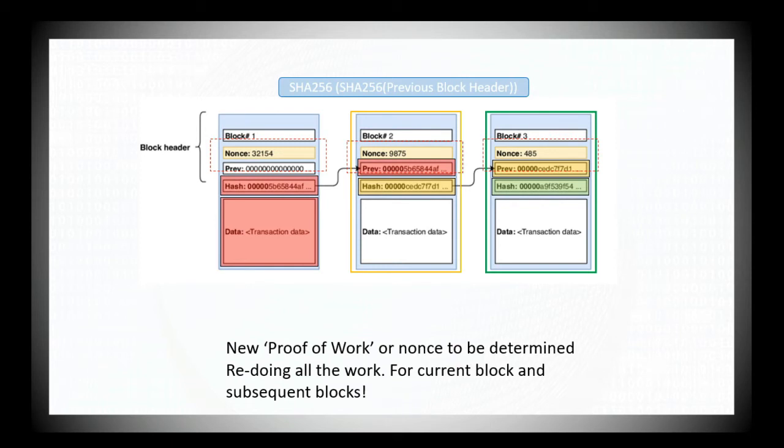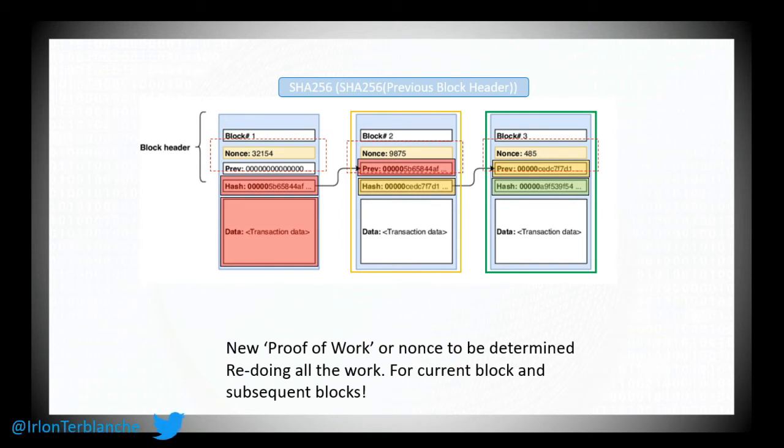Okay, not only do they have to find the nonce for their dishonest block first, they need to be first in determining the nonce for the second, third, fourth, fifth blocks thereafter to convince the network that their chain is valid. Recall earlier we said that the network will trust and defer to the longest chain, the chain that has had the most amount of work put into creating it.